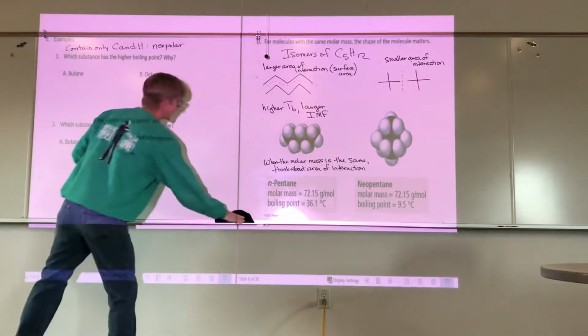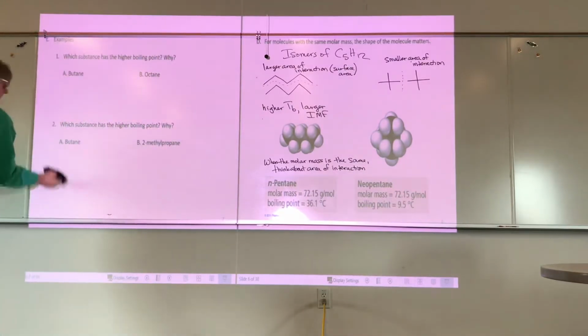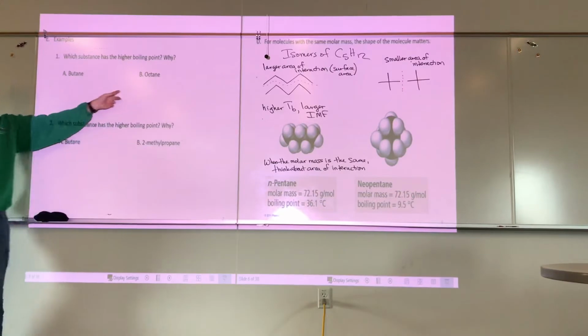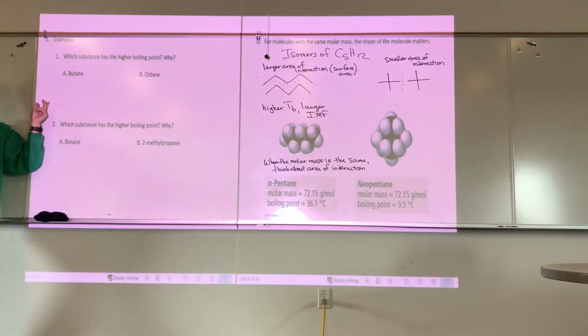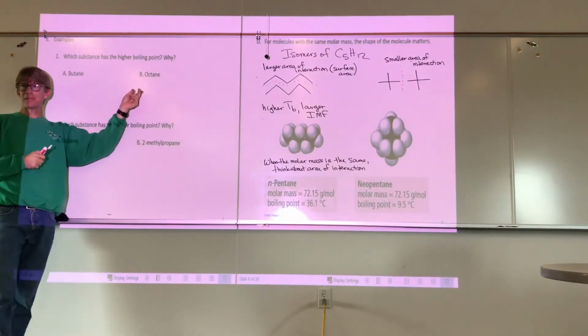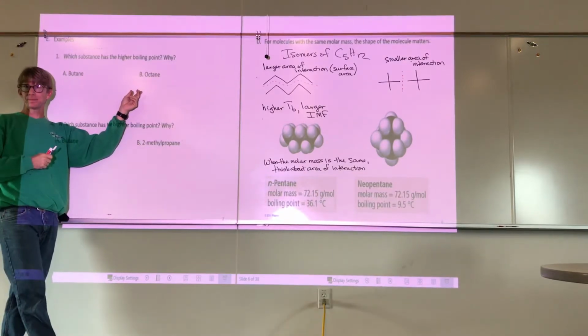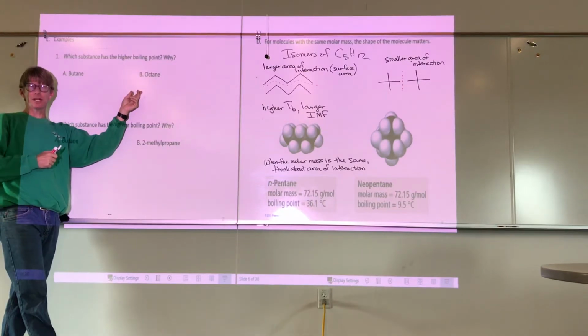Question, which substance has the higher boiling point? A, butane, B, octane. How many people think A? How many people think B? Excellent. What would be the reason why? Higher LDF. It does have higher LDF, but what about it? The molecule is larger.